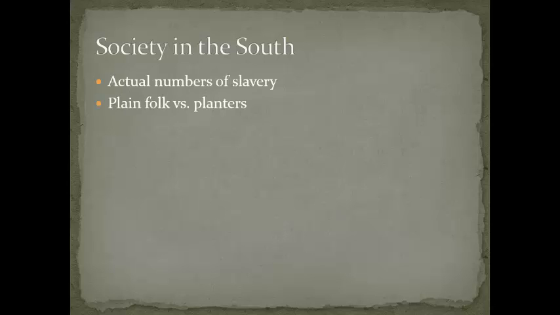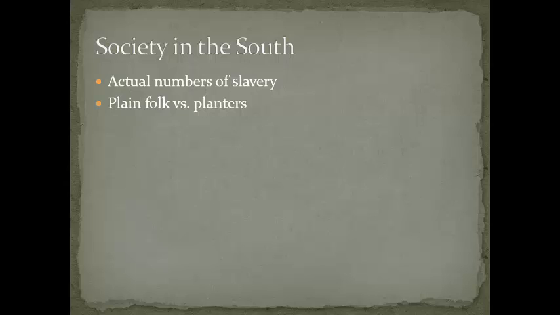You should know that slavery in the South is actually quite limited. Fewer than 25% of families in the South actually own slaves. And only a very small fraction of those own substantial numbers of slaves. I can't remember the exact numbers. It's something like less than 10% owned 30% of the slaves.